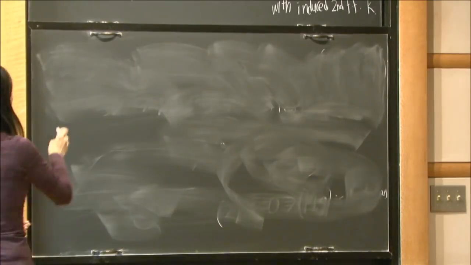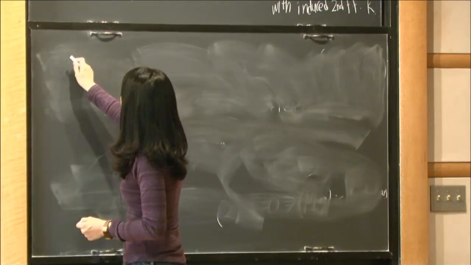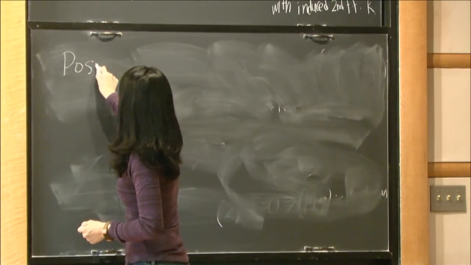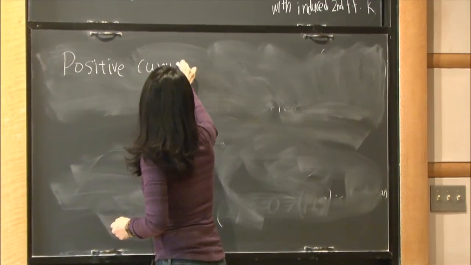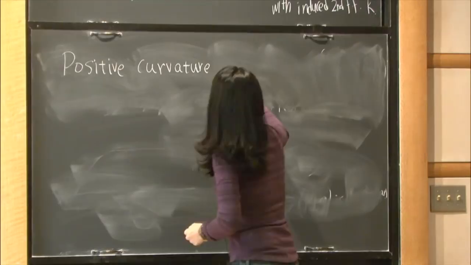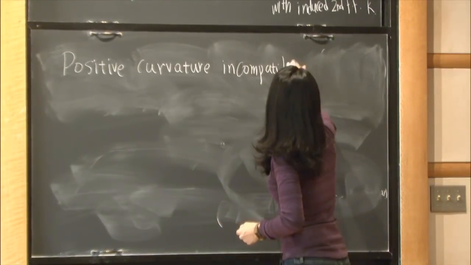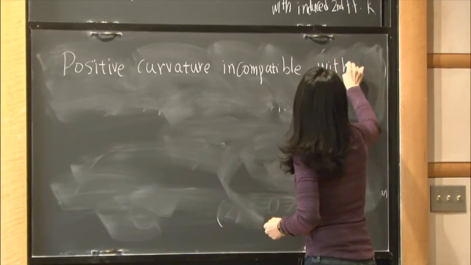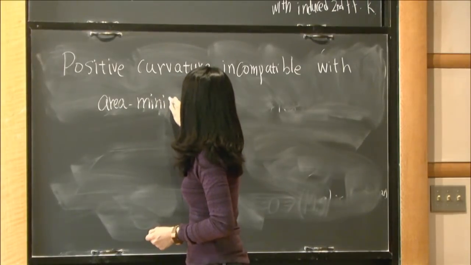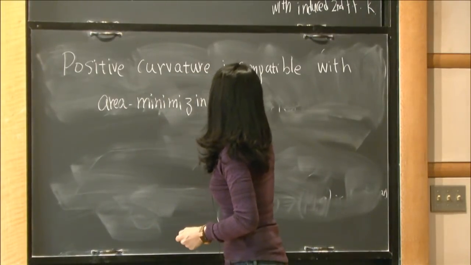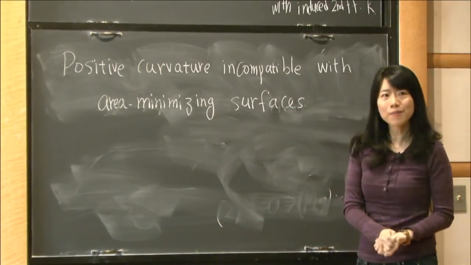And there's a really important guiding principle in Schoen and Yau's approach, which we have been talking about on and off: positive scalar curvature is incompatible with area minimizing minimal surfaces.